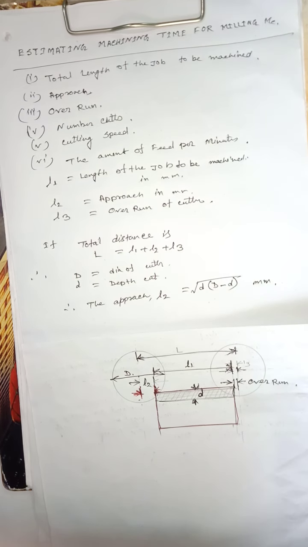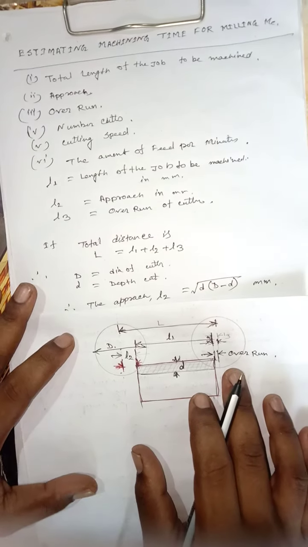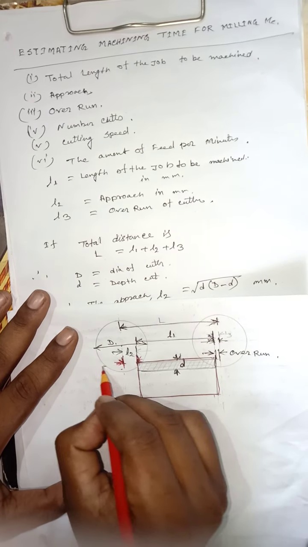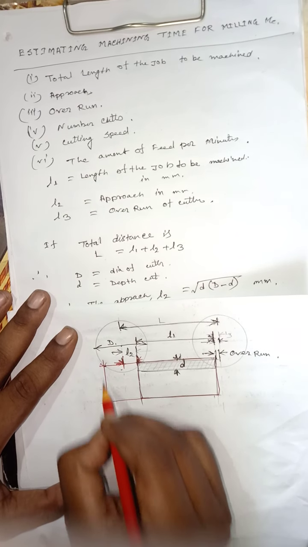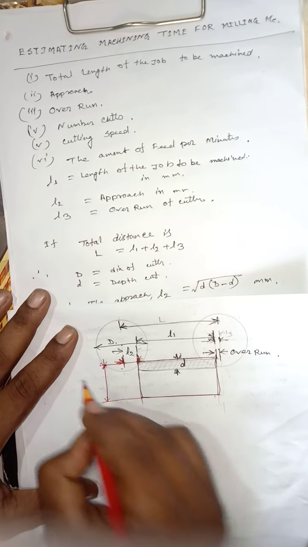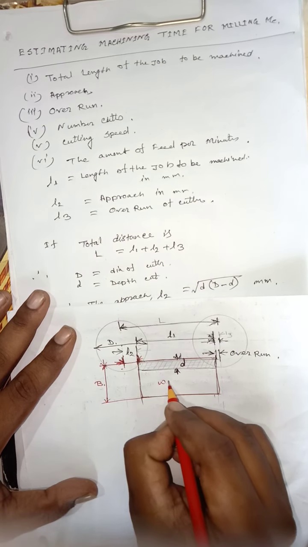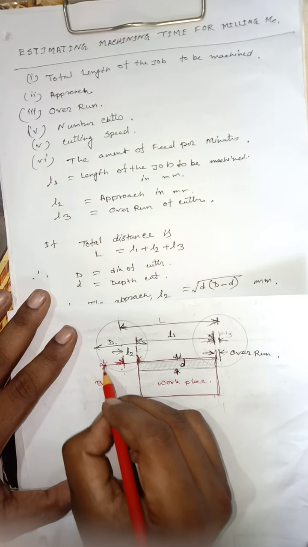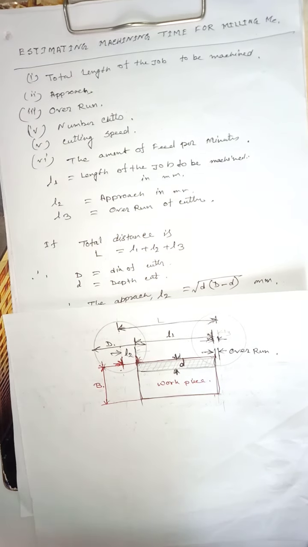There is another operation, face milling. We consider B as the width of the job. This is my workpiece or job. B is the width of the job and D is the diameter of the cutter.